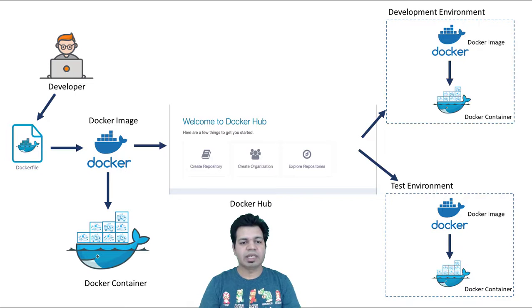So anybody can access these containers in any environment, and we can be sure that our application is running in any environment without any issues, because the same image can be pulled into the development environment or test environment, and it will contain all the same necessary packages and dependencies for that application.